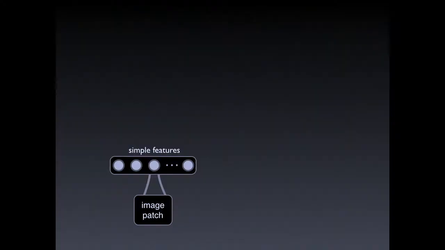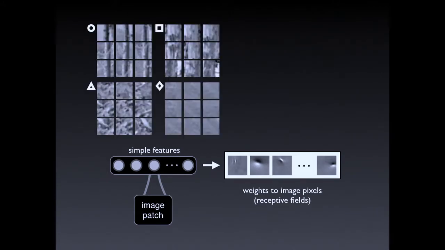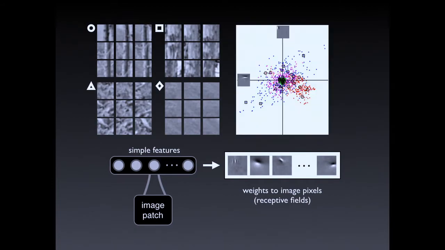So I won't go into the details of the model, but I'll just kind of give you the gist, right? If you start with simple features, those are edge detectors. And if you look at different responses to, like from the scene we just saw, and you try and make sense of them, what you see is that, well, it's all jumbled together. So what this shows is the joint activation of two different features. And so the squares here are all over the place.